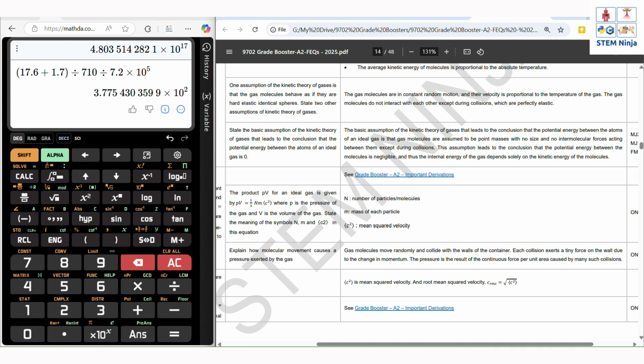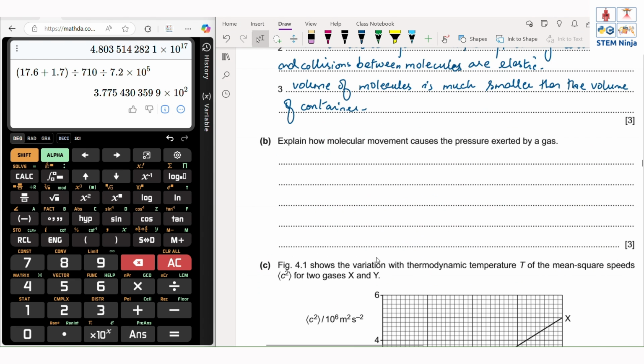So exactly the same thing we can write over here. Gas molecules move randomly and collide with the walls of container.